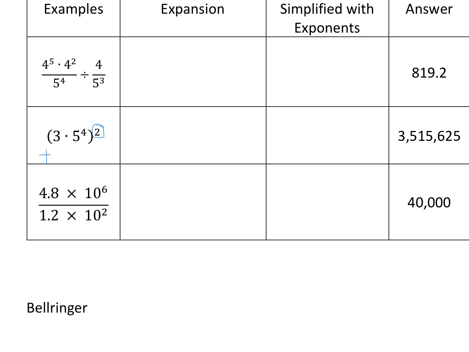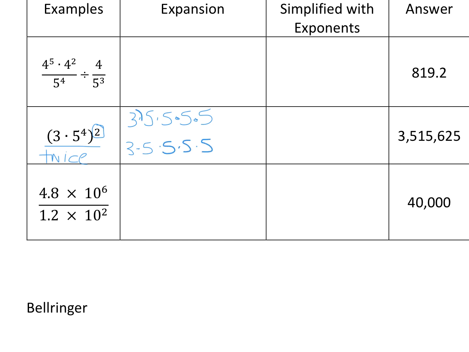So if it's squared, remember that means we need to write this whole thing in the parentheses twice. So I end up with 3 times 5 times 5 times 5 times 5. That's my first one. And then I need to write it a second time: 3 times 5 times 5 times 5 times 5.